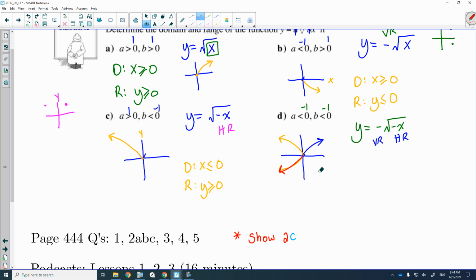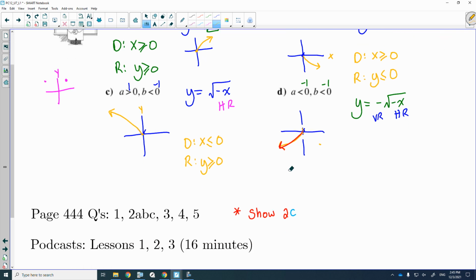Let's say I did the vertical first. So the vertical would take me down into the 4th quadrant. So that would go here. And then from here, if I horizontally reflect it, I get back to quadrant 3. So after the two reflections, where your graph ends up is where that red line is in quadrant 3. That would be your graph after two reflections.